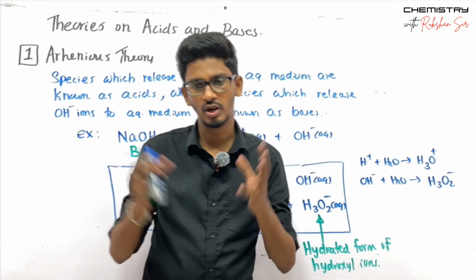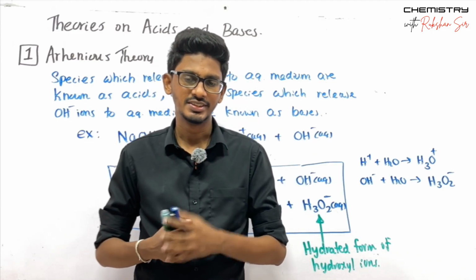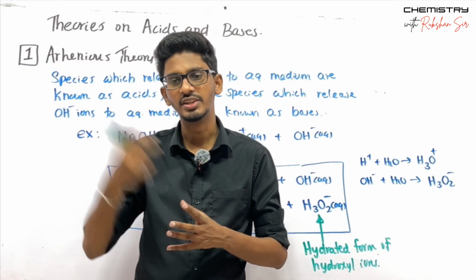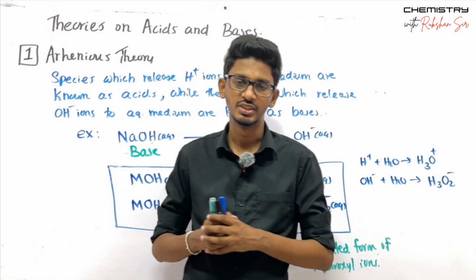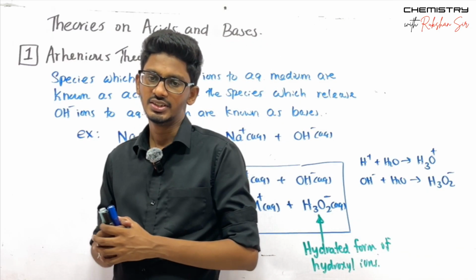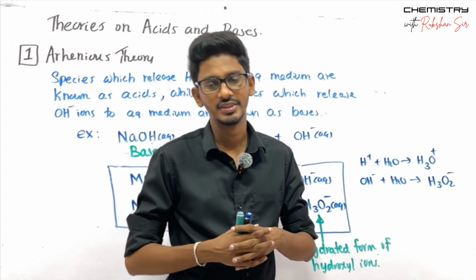NaOH consists of an OH minus section to release as OH minus ions. But when it comes to NH3, you don't see such a segment as OH minus inside the NH3.